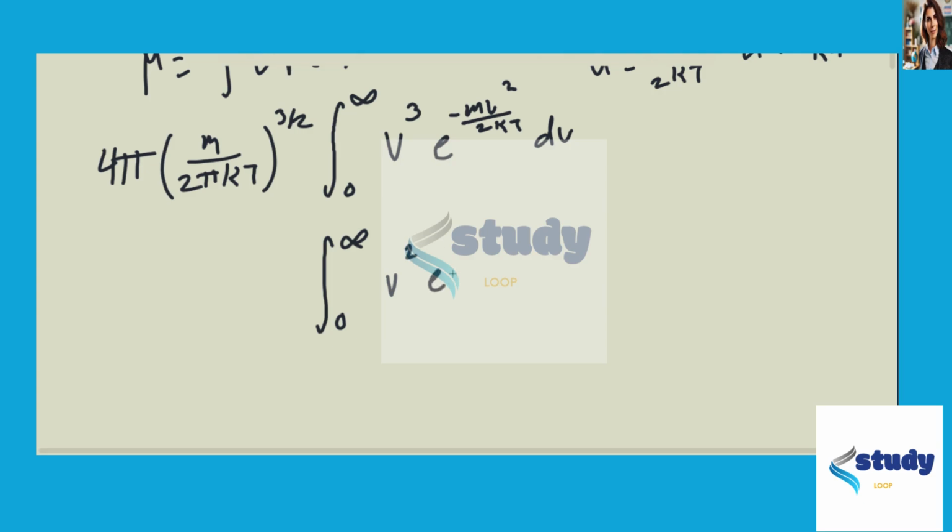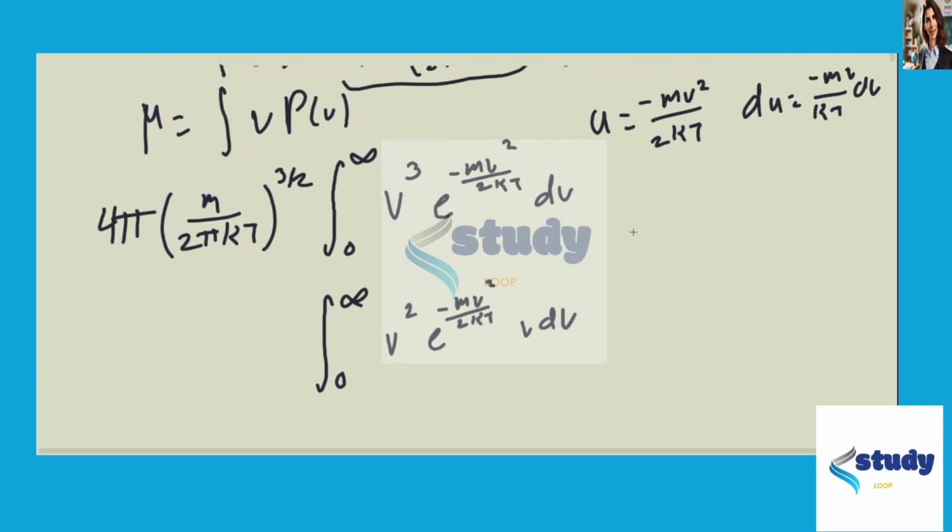So I'm actually going to break these up: v squared times v dv, and you'll see why I'm doing that in just a second. So I need to replace dv. I want to solve for dv, but if you look here, I have v dv and I have v dv right here, right? So I can just solve my du equation for v dv, and so that's why I broke them up, right?